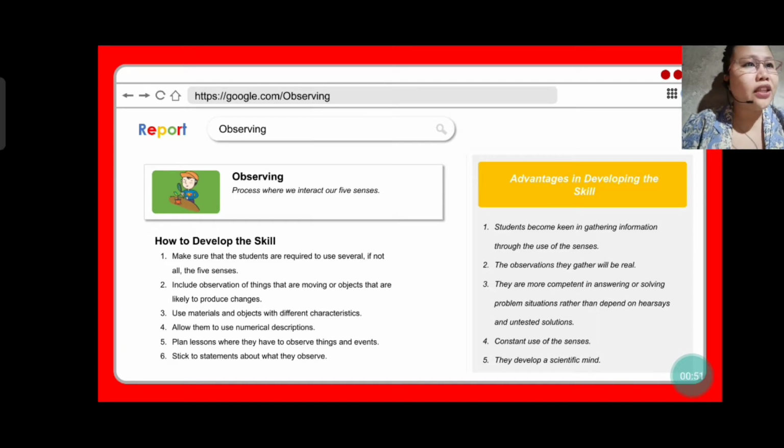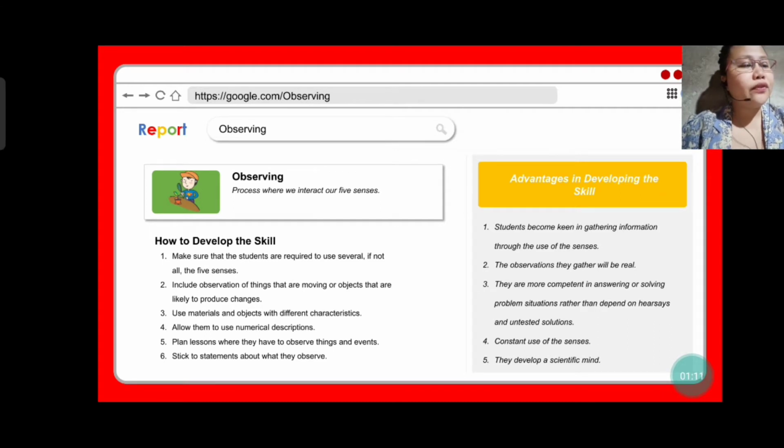It is important to develop the skill of observing. So how do we develop the skill of observing? First, make sure that the students are required to use several, if not all, of the five senses.